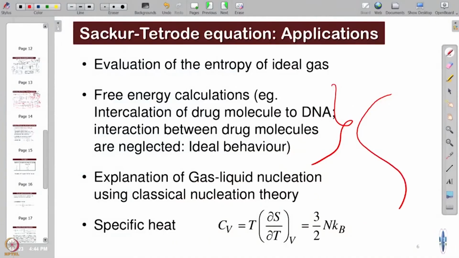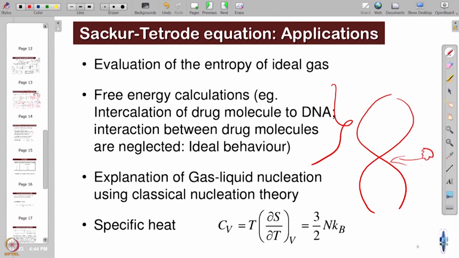That is very important to know, because DNA is the target of many chemotherapeutic drugs, which go and bind to it. And so we need to know the binding energy of this drug molecule. This is done in the following way: you consider that the drug molecule is going to bind to the minor or major groove of the DNA.